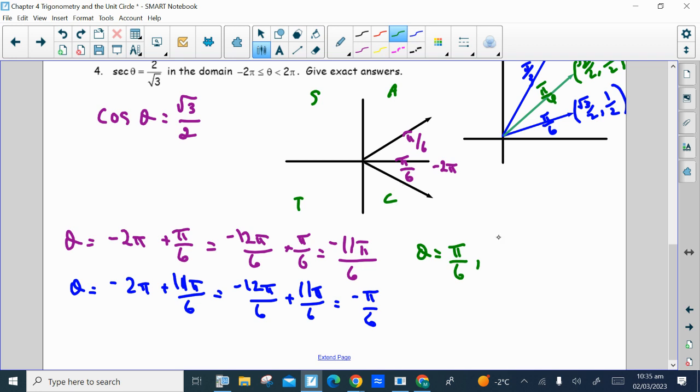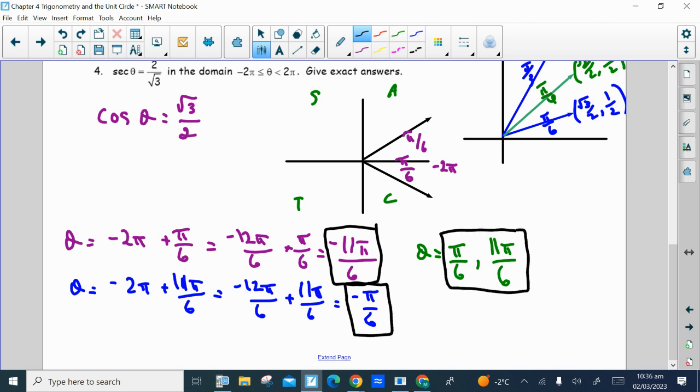Take away this 1 pi on 6 is positive 11 pi on 6. So there's our 4 answers. We can box them just so we're indicating that these are our 4 answers, which again we can check.